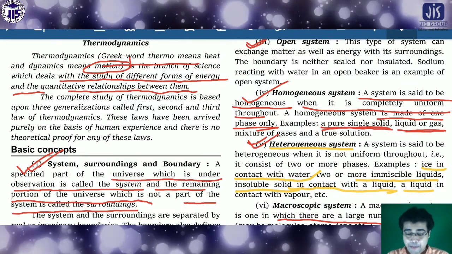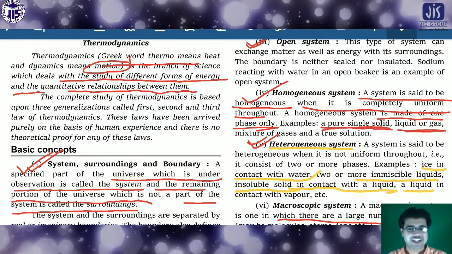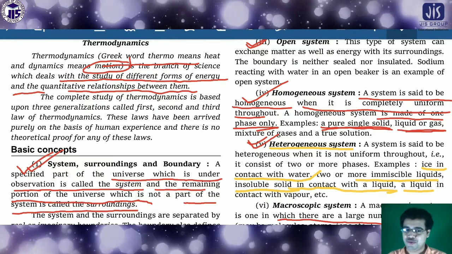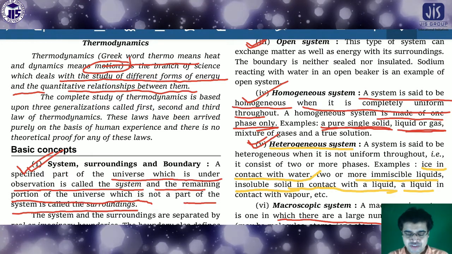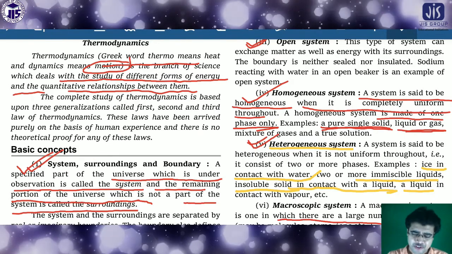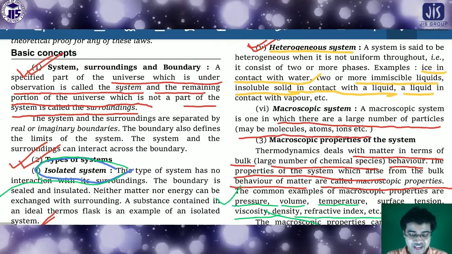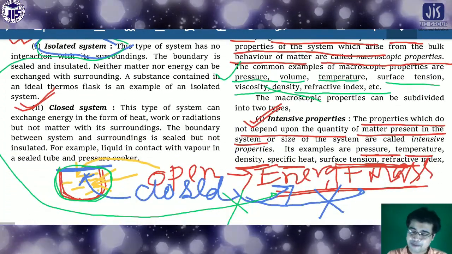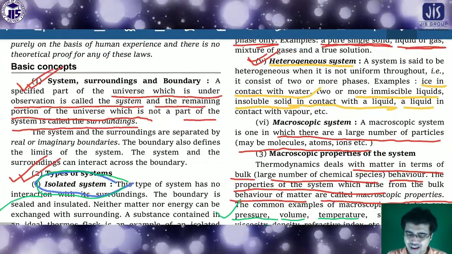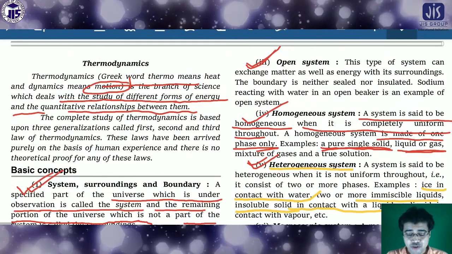Students, in the previous class, just for recapitulation, and then we'll move to today's topic. We discussed the very basic things, starting from system, surrounding, boundary, isolated system, closed system. Then we discussed the open system.